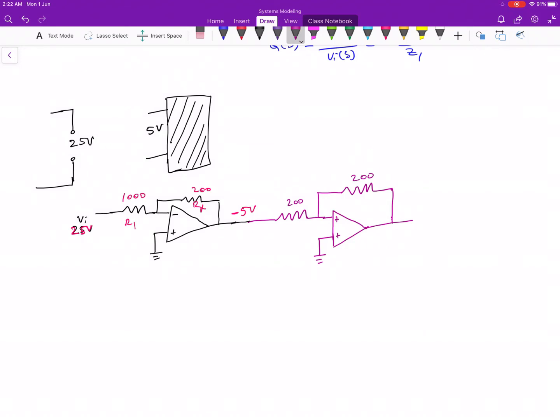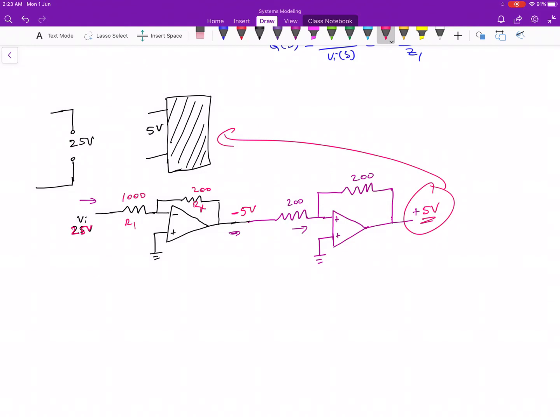Because remember, from the beginning we had a positive input, and what we get is a negative sign. Now we are inputting a negative sign in there, negative 5 volt. We're going to have positive 5 volt.